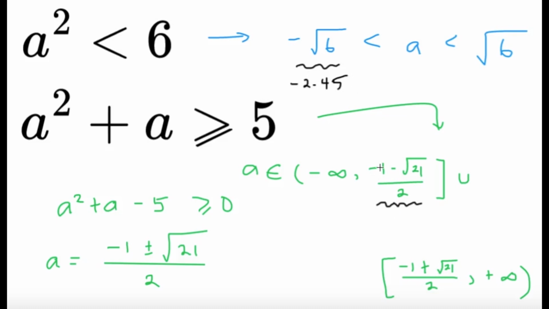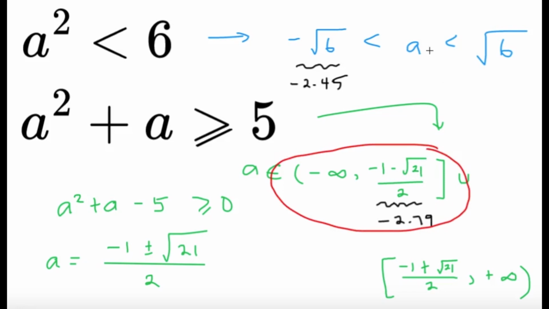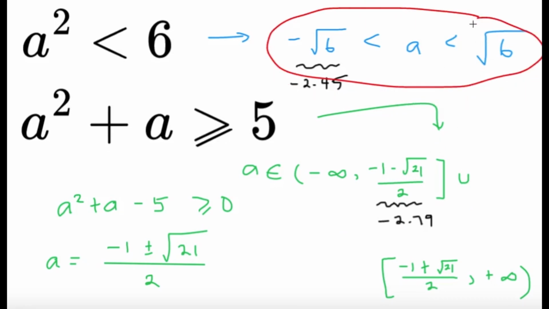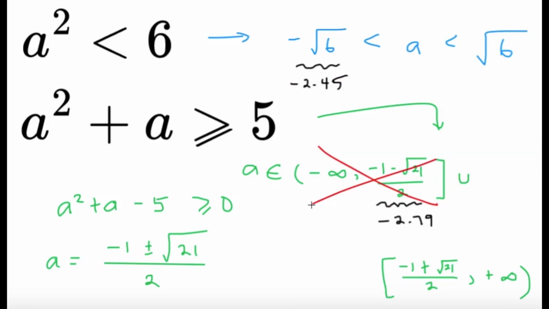And then this negative 1 minus square root of 21 over 2, you can approximate it to be around negative 2.79. So apparently this part doesn't share a common region with this blue one. So for the intersection of the blue one and this one, we can ignore this already because apparently a doesn't fall into that range.